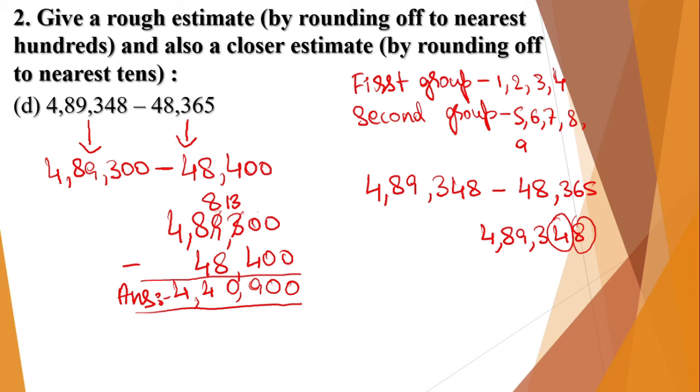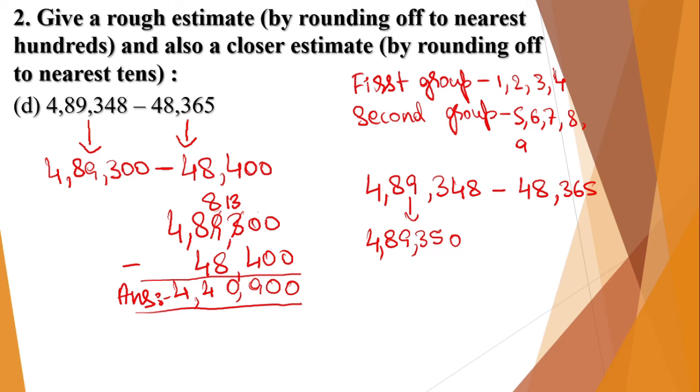So if the second circle digit is in the second group, we will add 1 to the first circle digit. Now 4 plus 1 is 5 here. So 4893 will be as it is, and 4 will become 5 because we added 1, and 8 will become 0. So 4,89,348 rounded off to the nearest tens will give us 4,89,350.